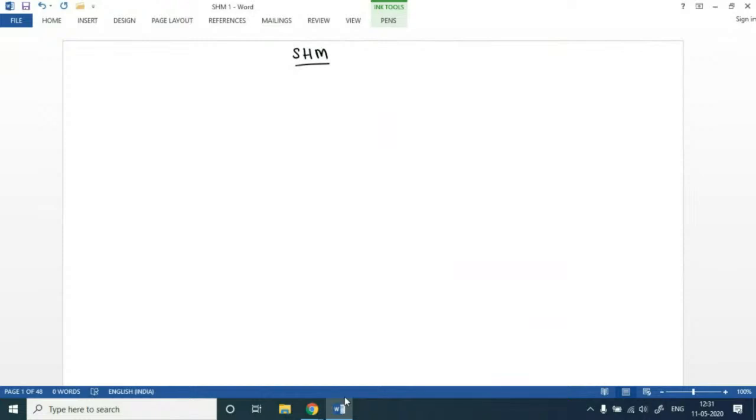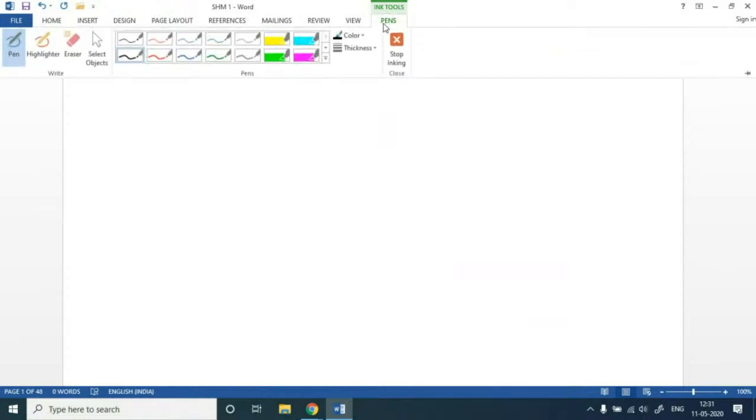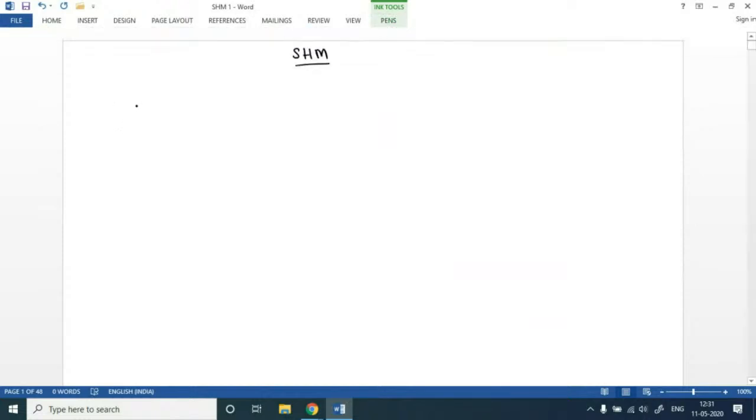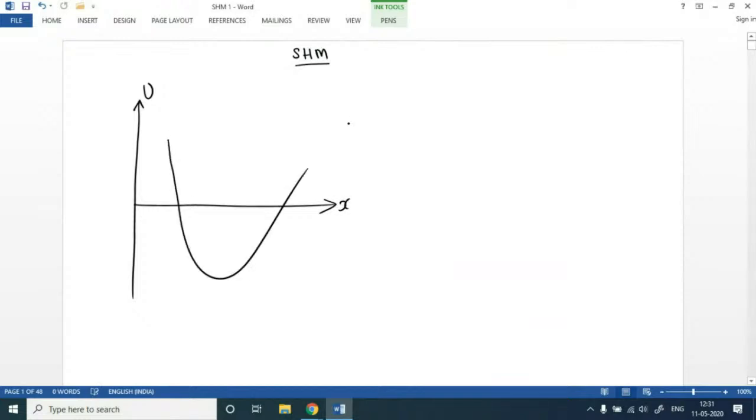So let's try to figure this out using a potential energy curve. Let's say we have some potential energy U versus x curve in which we are able to locate a stable equilibrium position. You can see that this position right here is a stable equilibrium position. That means when the system is here, it will experience zero net force.